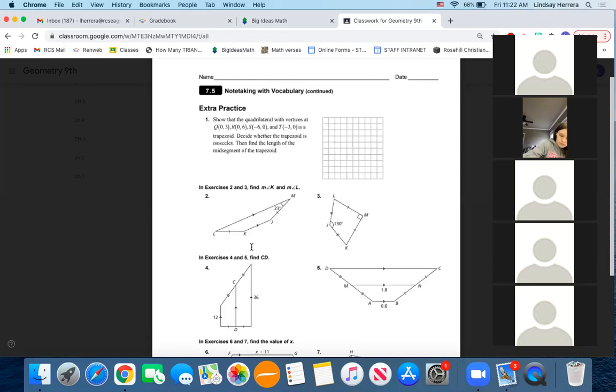Decide whether the trapezoid is isosceles. Then find the length of the midsegment of the trapezoid. That is a whole lot of stuff to do for number 1, okay? So let's start by plotting it. While you guys are plotting that, I'm going to get a sheet of paper so we can work this together.